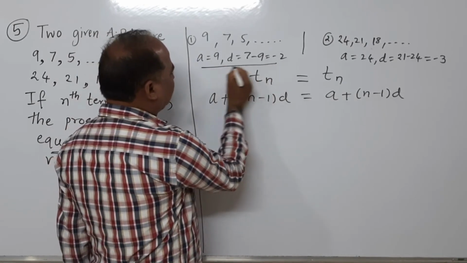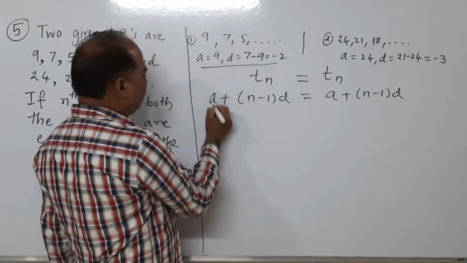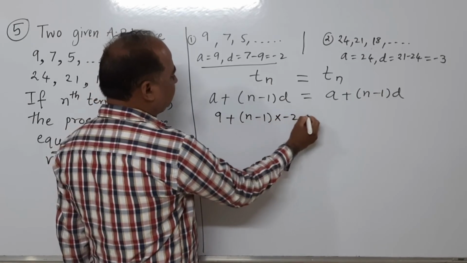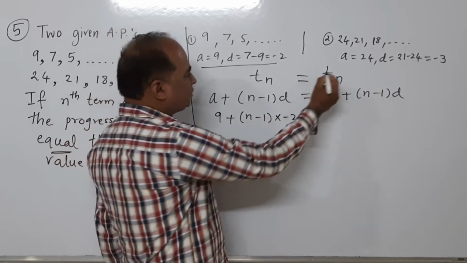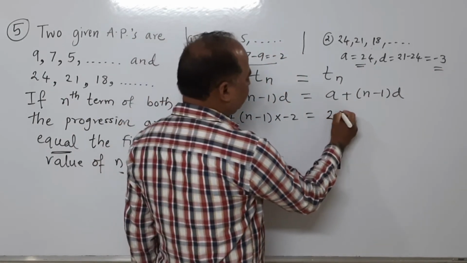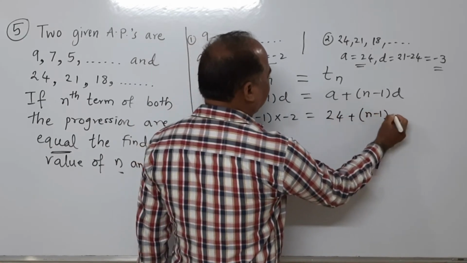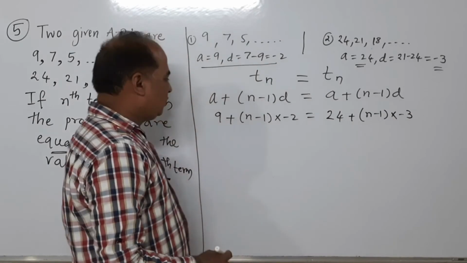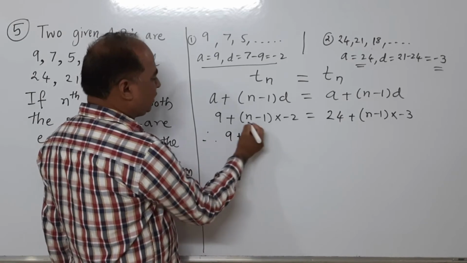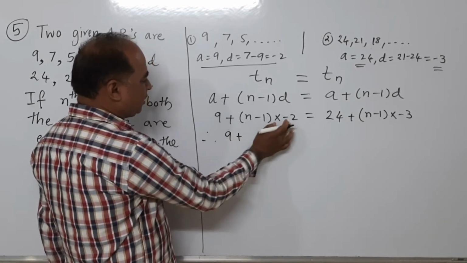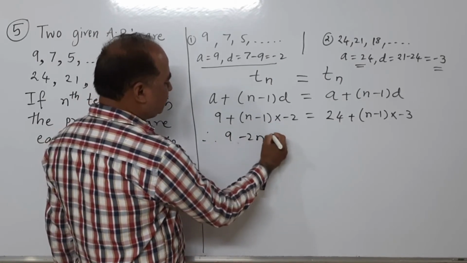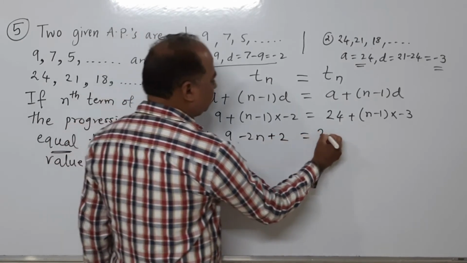Now we will substitute on the left hand side the values of a and d. Here a is equal to 9 and d is equal to minus 2, and on the right hand side we substitute a is equal to 24 and d is equal to minus 3. Now solving this expression, 9 plus minus 2 into n is minus 2n, minus 2 into minus 1 is plus 2, is equal to 24.